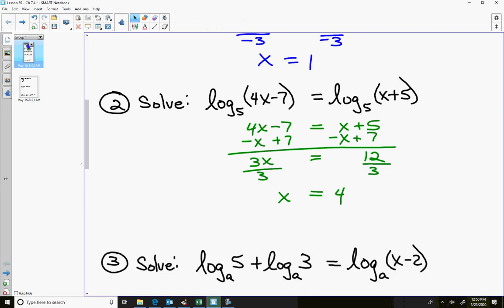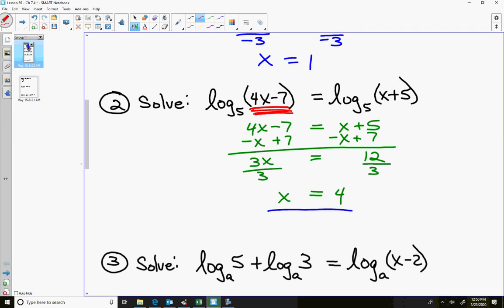Now, is that our answer? Maybe. We talked about it several times, but we haven't really done anything with it yet. But the argument of your logarithm must be positive. That does not mean x has to be positive. It says the argument has to be positive. So when x is 4, come up here and look at your argument, which was 4x minus 7.